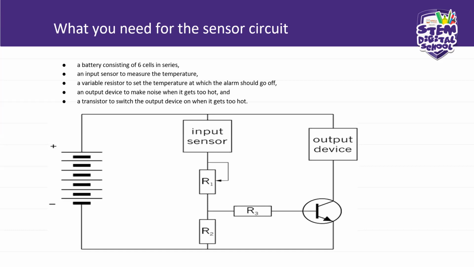It means using the variable resistor, we must control how much temperature it should be that our sensor must sense and then alert the output device to go off. If it's a buzzer, it must start making an alarm when this sensor is sensing the temperature that will be set by the variable resistor.